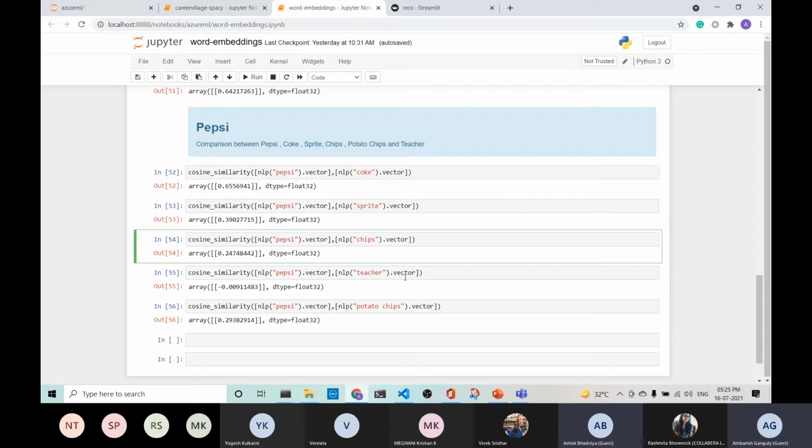Basically, given a sentence, I'm creating a vector. You can use word embeddings for classification, maybe sentiment classification, any kind of classification. And then you can put it in a neural network and do all sorts of things.